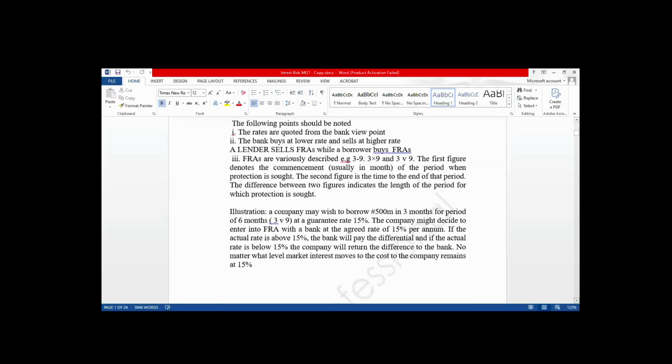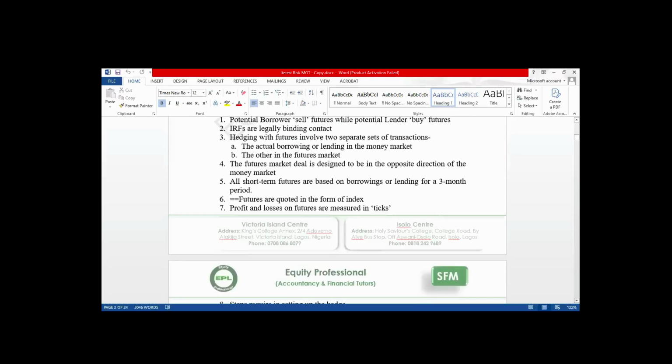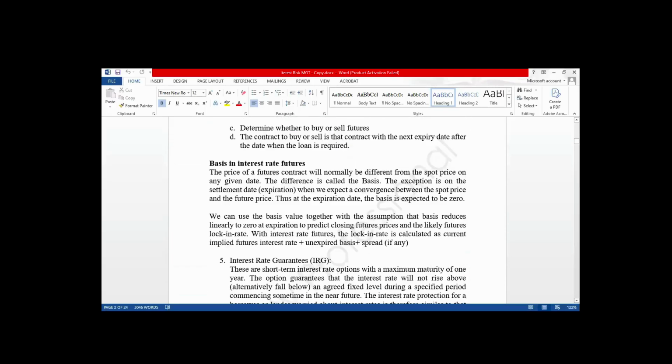we explain interest rate futures, a financial derivative contract that can be used to hedge against fluctuation in interest rates. We equally discuss interest rate guarantees.